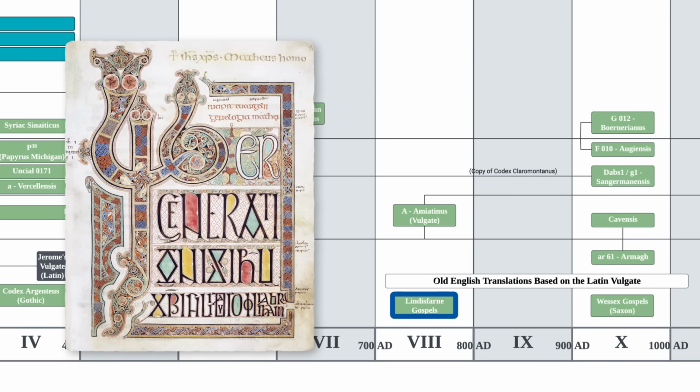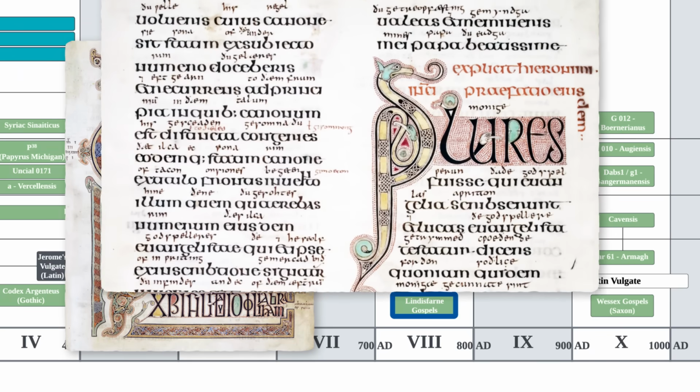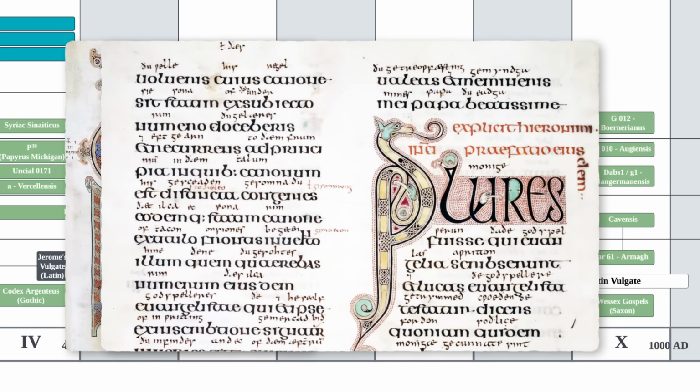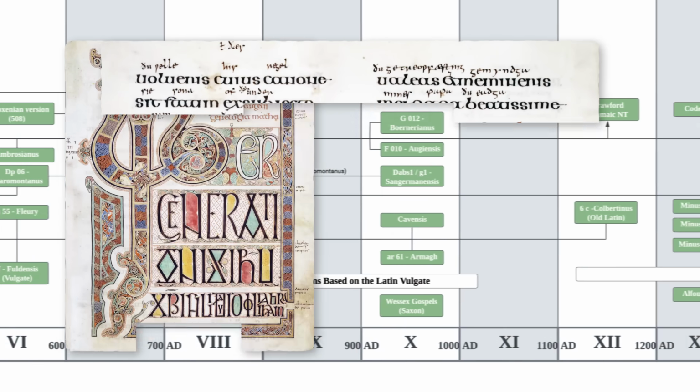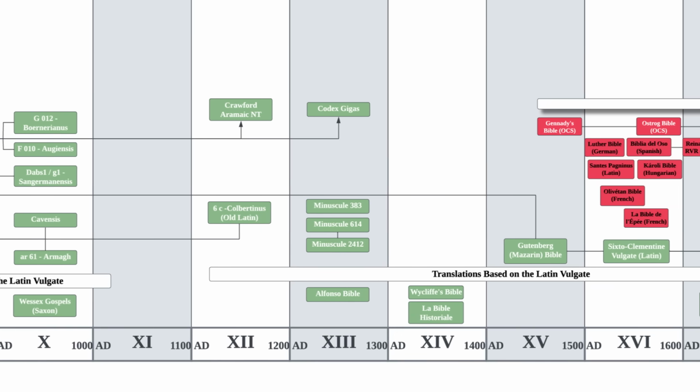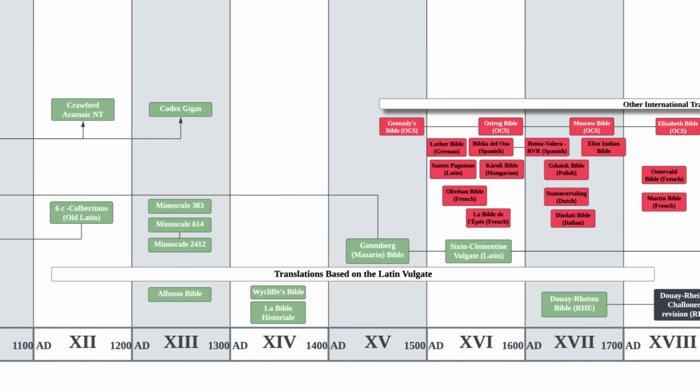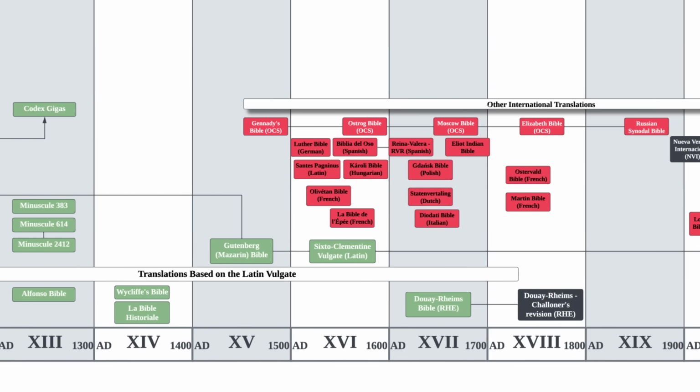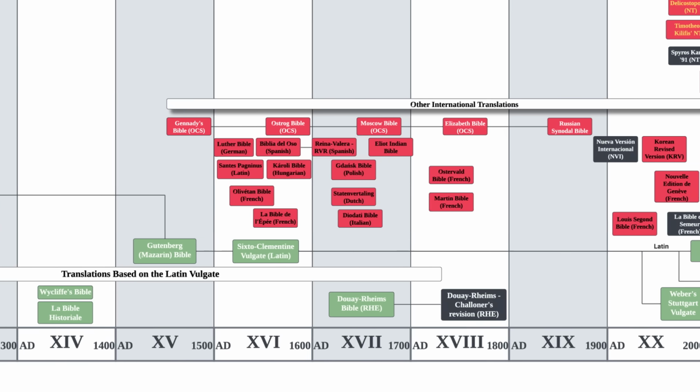However, in the 10th century, a monk added an Old English translation in between the original lines. Later, in the 14th century, John Wycliffe used the Vulgate to translate the Bible into Middle English.